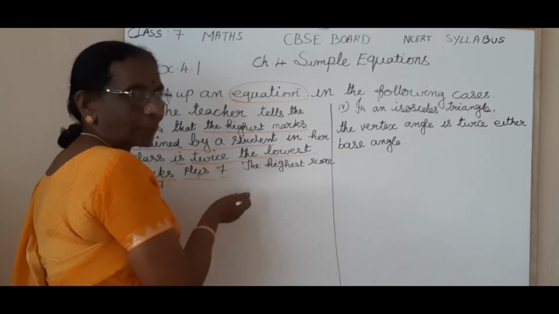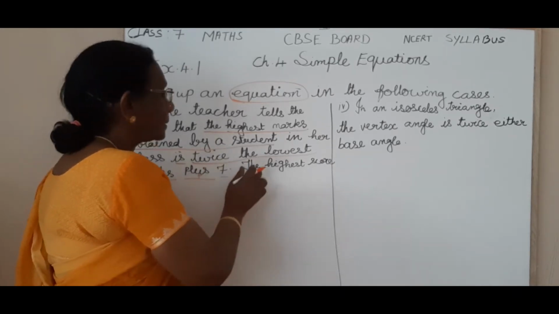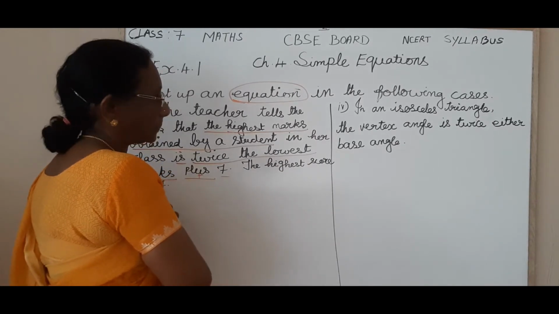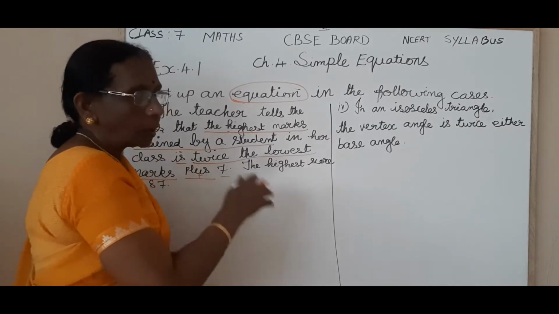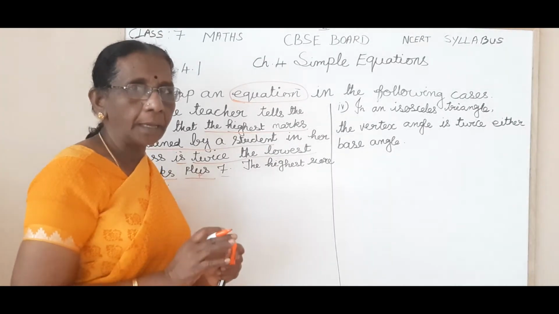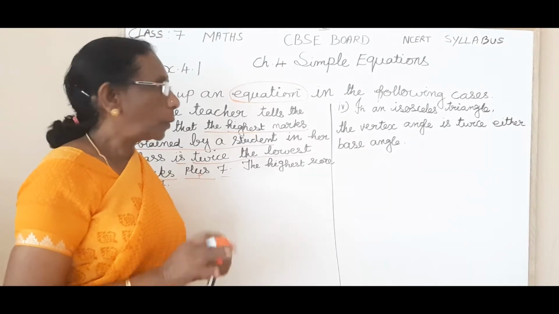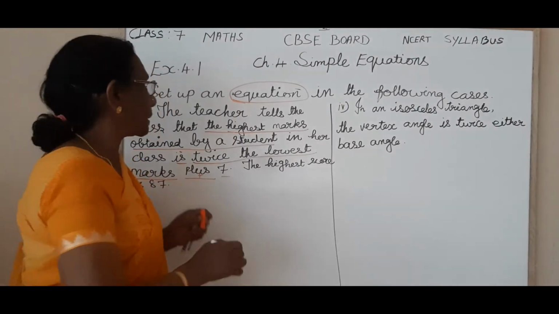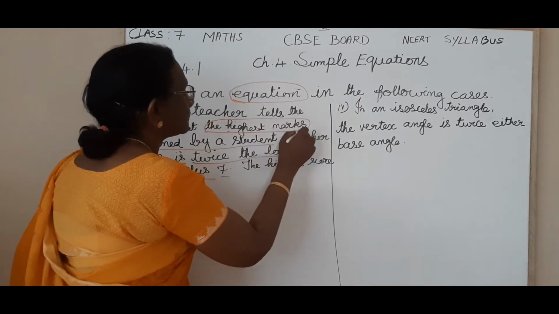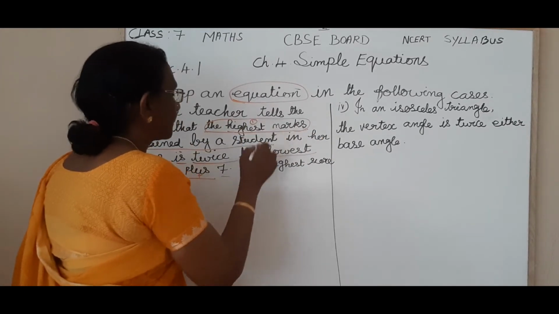And again the second sentence says the highest score is 87. So the information is given for the highest score, one in terms of an algebraic expression.